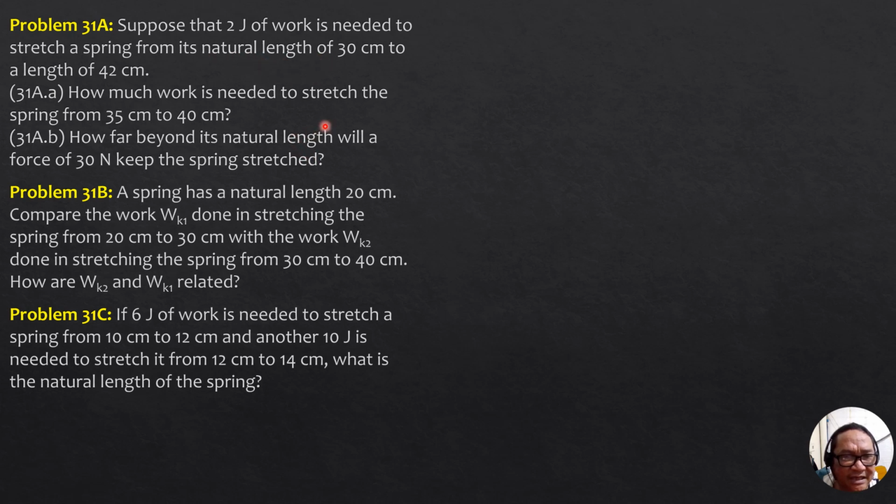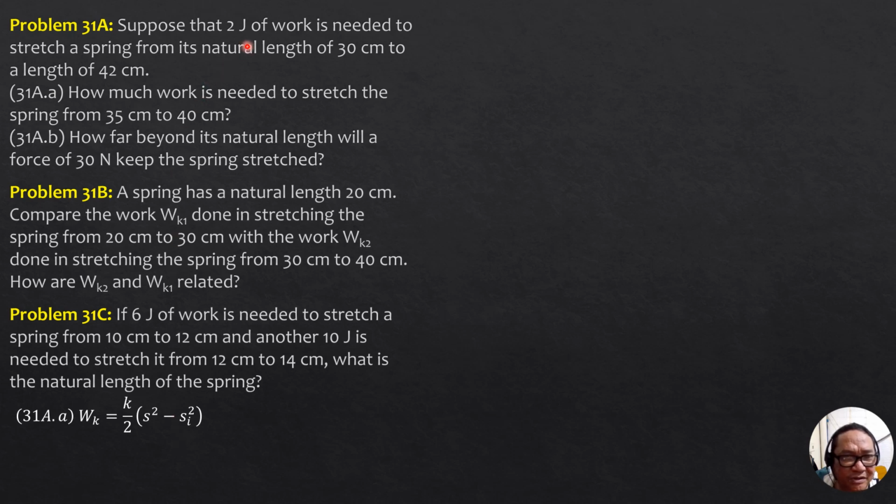So that's the idea. So work is K over 2 times S square minus SI square. And the geometric interpretation of this, don't forget, is the area of the force versus displacement curve between SI and S and under the force versus displacement curve.